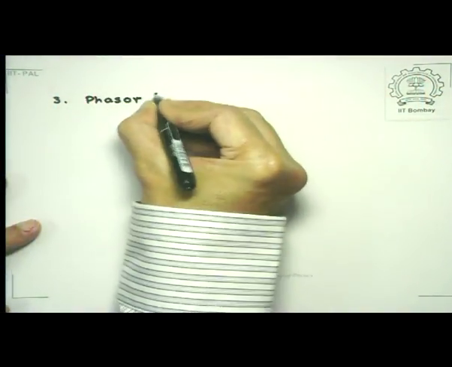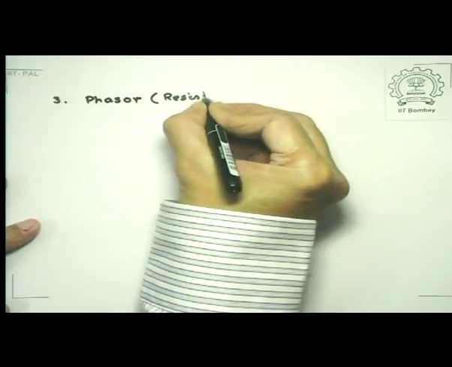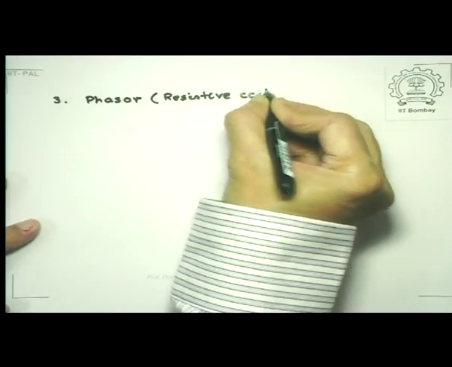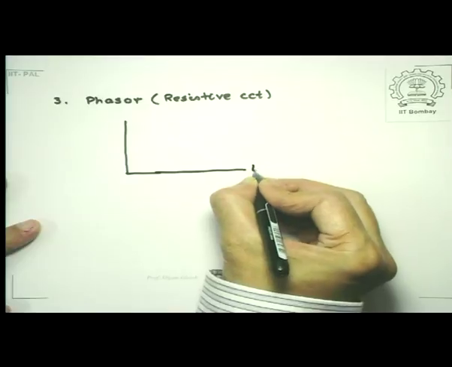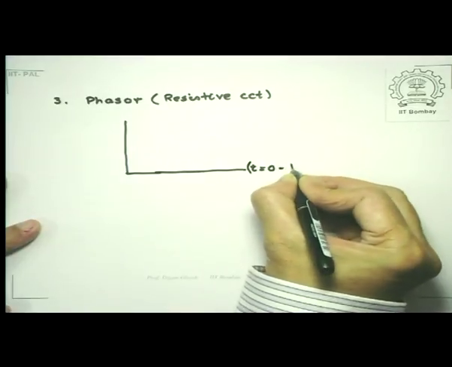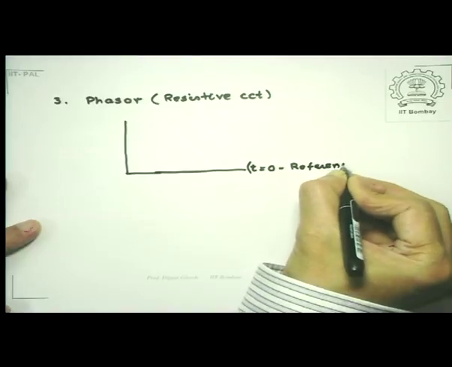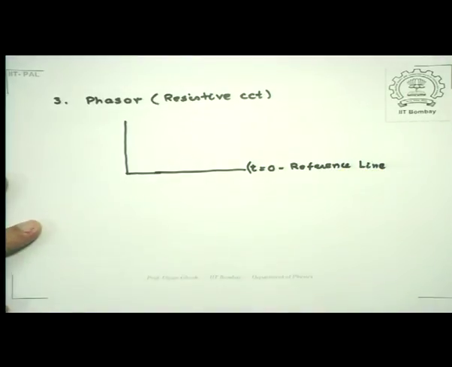We had introduced a phasor diagram corresponding to a purely resistive circuit, and what we showed there was the following. We said that my x-axis is the time t equal to 0 reference line, and both the current phasor and the voltage phasor rotate counterclockwise with an angular velocity omega.